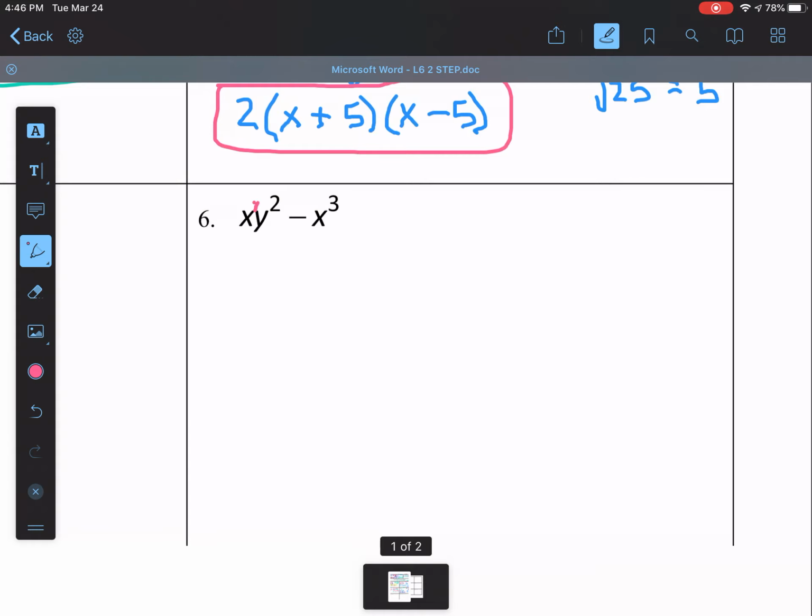Okay. So if you look at our 2 pieces, if you look at the x's for the GCF, we take the lower exponent, which in this case is 1, so x to the first. Now, since only the first term has the y squared and the second term does not have the y squared, y is not going to be a part of our GCF. Okay, so it's only going to be the x to the first.